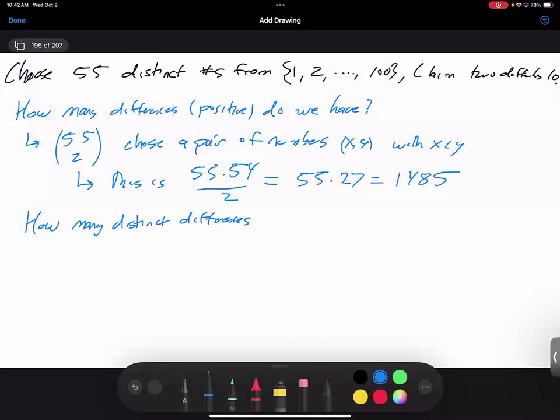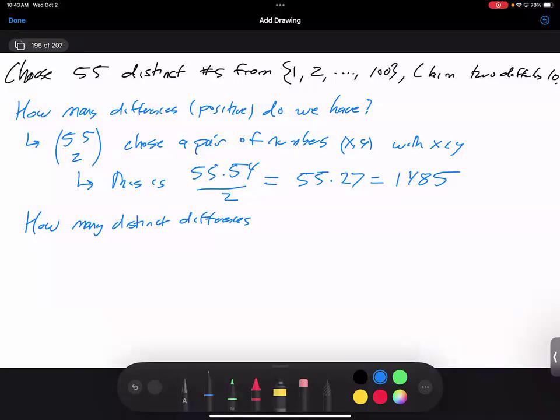And so right now I'm just doing some cursory exploration to try to get a sense of what might my pigeons be. I know that if I have 55 numbers, I'm going to have 1,485 positive differences. How many distinct differences can you get from numbers from 1 to 100? We have the numbers from 1, 2, 3, all the way up to 100.